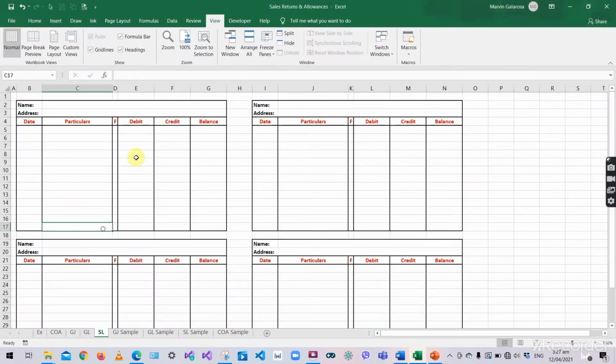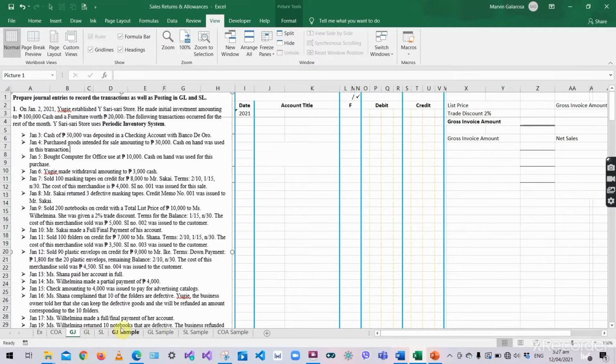So, sa subsidiary ledger, specific siya, kada customer. And kada supplier or vendor, gagawa ka ng isang subsidiary ledger para ma-monitor mo yung increase or decrease dun sa receivable or payable mo sa kanya. Later, we illustrate this once we answer the comprehensive problem.